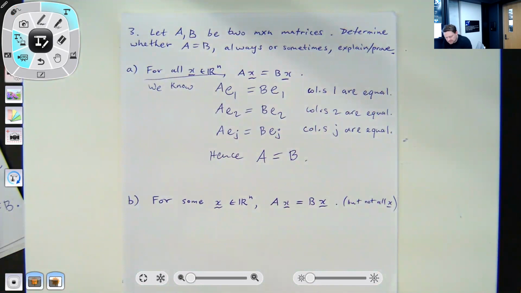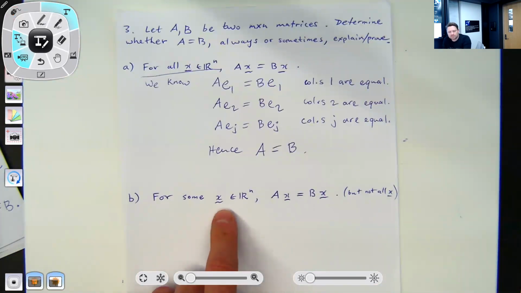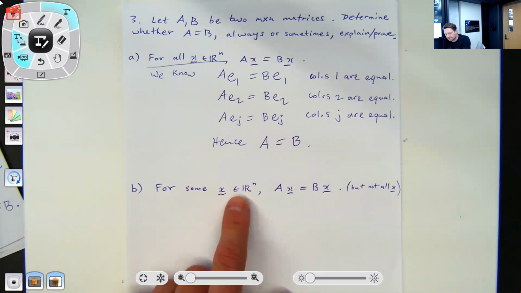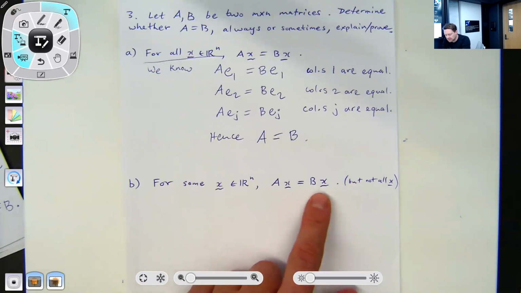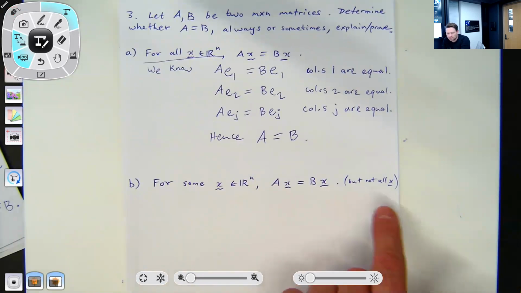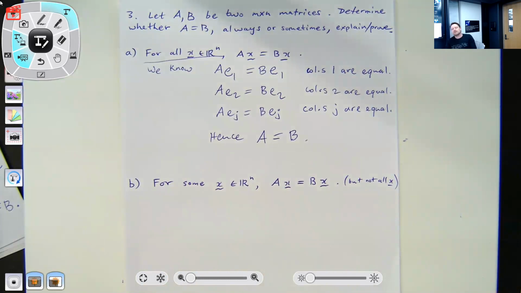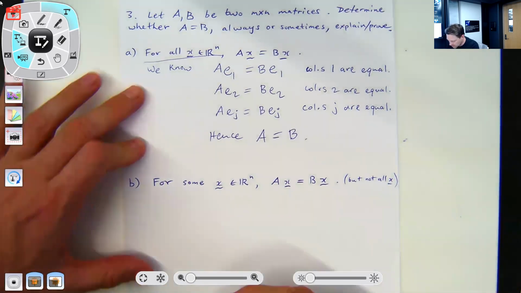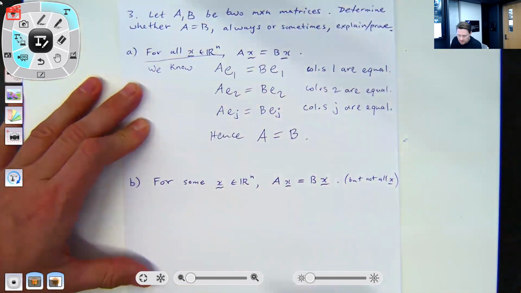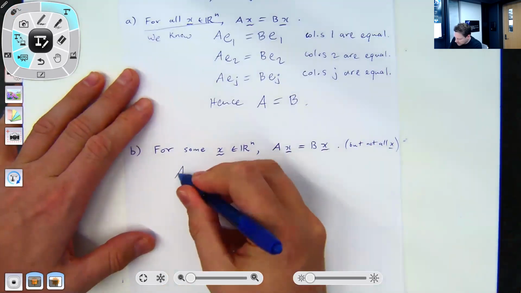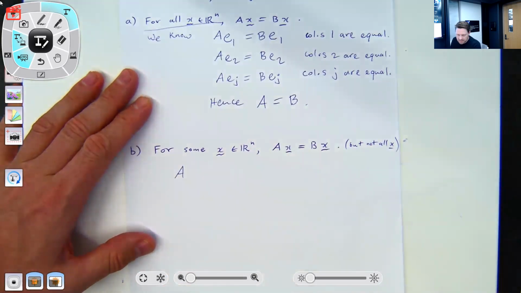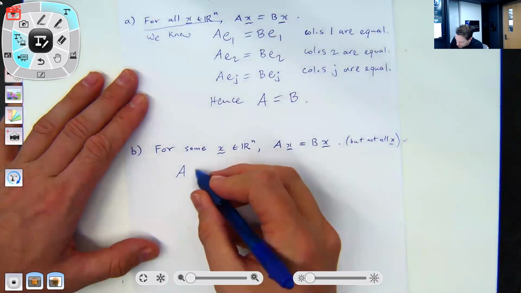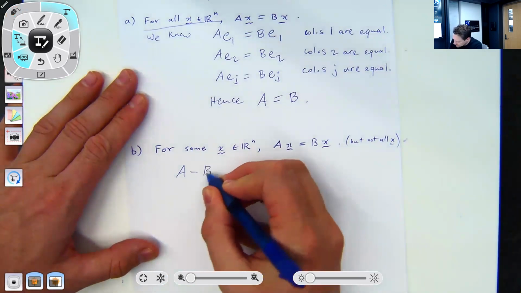Now, next one. Okay, so the next one says for some X belonging to Rn, we have AX is equal to BX. But here we're not assuming that it's all X in Rn for which this happens, right? Okay, so what we want to think about here is we want to rearrange this equation to get some insight. So here we have AX minus BX is equal to the 0 vector, but I'm going to write that by factorizing this.